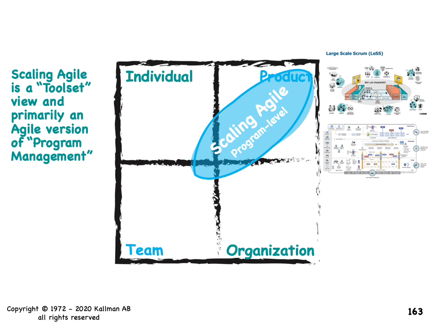But if it's predicated on doing Agile well at the team level, then that requires that the teams are not only doing Agile, but they're being Agile, that they're not just doing it as a tool set, they have achieved the mindset. And so that has to happen first before you start to scale.